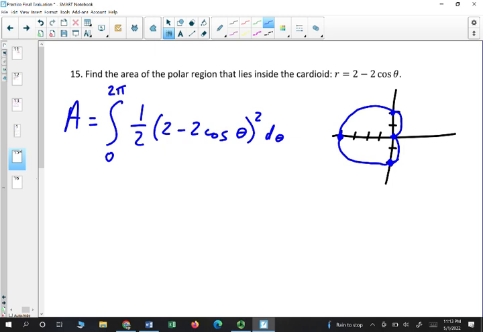Okay, so let's get started with it. We have the integral from 0 to 2 pi of 1/2, and then we're going to FOIL out the 2 minus 2 cosine theta. Okay, so that gives us 2 times 2 is 4, minus 4 cosine theta, minus another 4 cosine theta would be minus 8 cosine theta, plus 4 cosine squared theta.